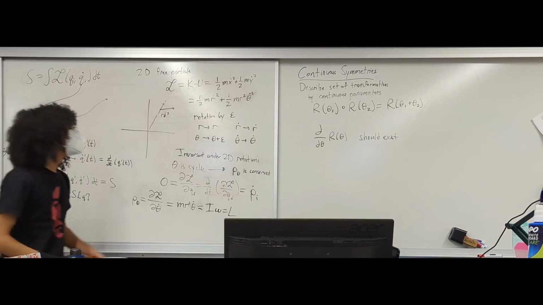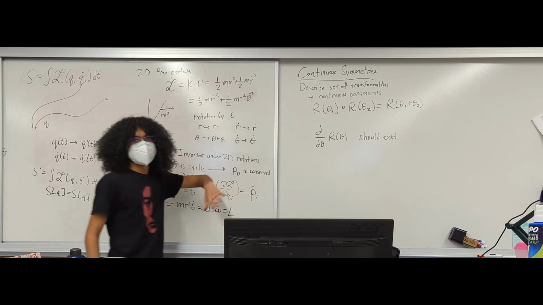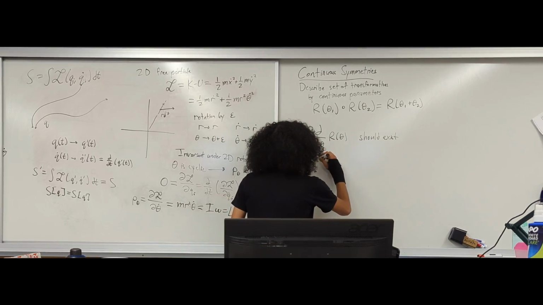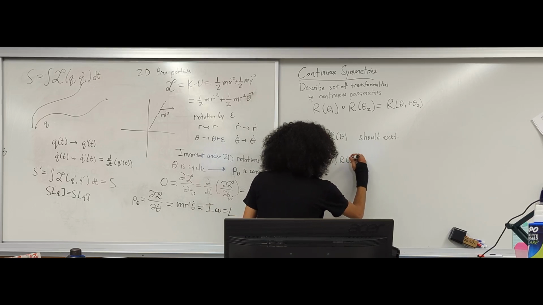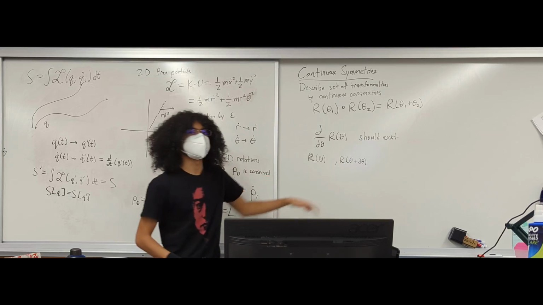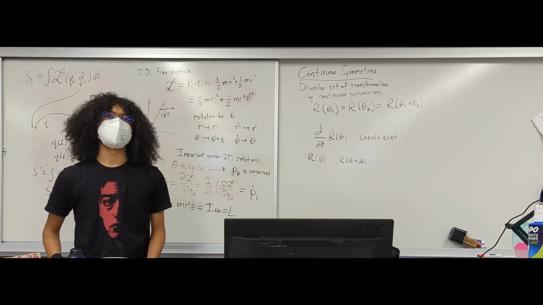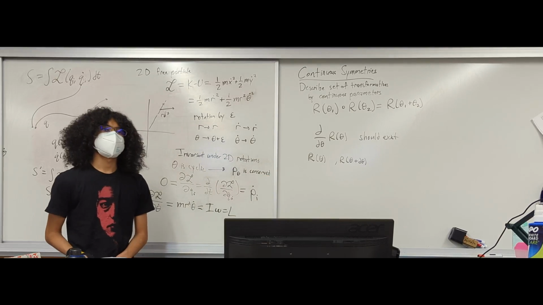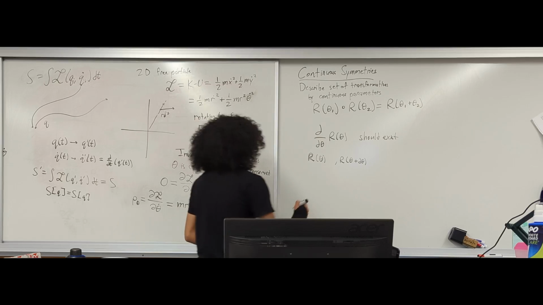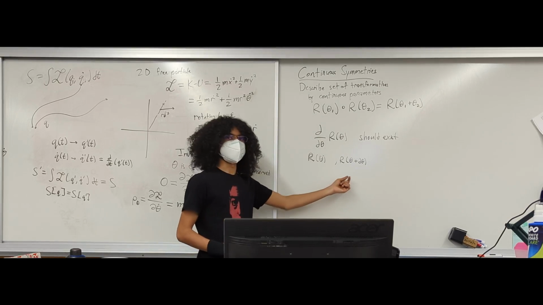So if we have a set of transformations, and you have one transformation for theta, and then another one for theta plus d theta, these should be sufficiently close in a way that you could recognize as linear. Okay? So the size of the difference of this transformation should be modulated by d theta.